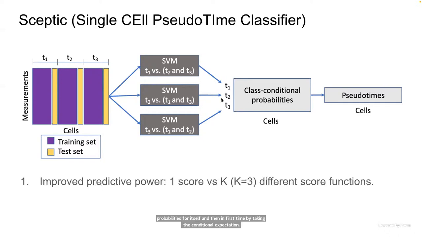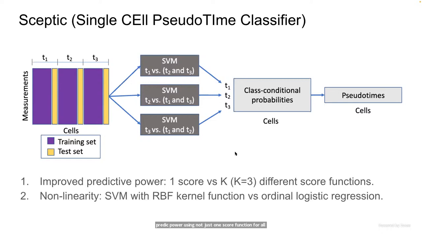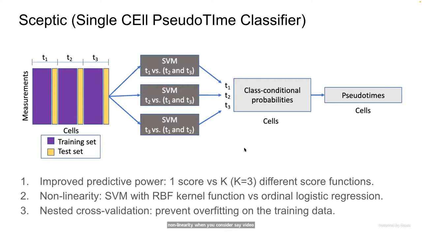Compared with the previous model, we improve our predictive power by using not just one score function for all different classes, but k different score functions. Also, our model allows for nonlinearity when you consider, say, a radial basis function kernel to generate nonlinear decision boundaries.